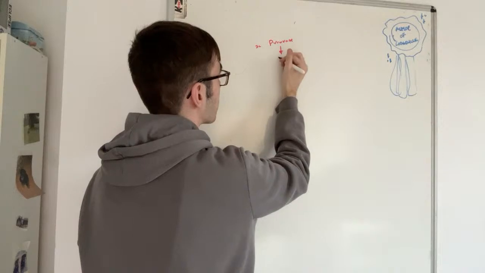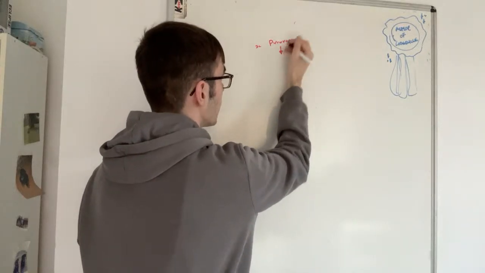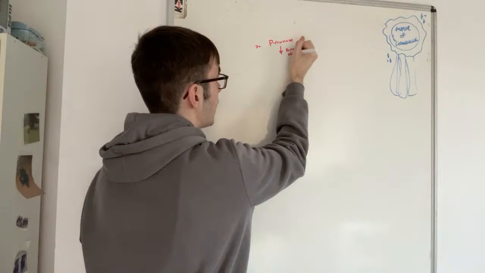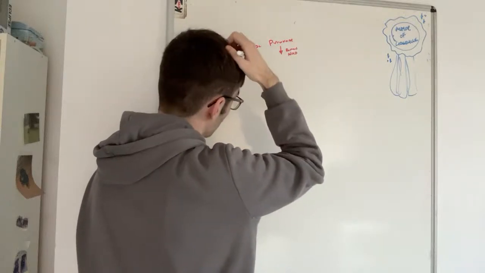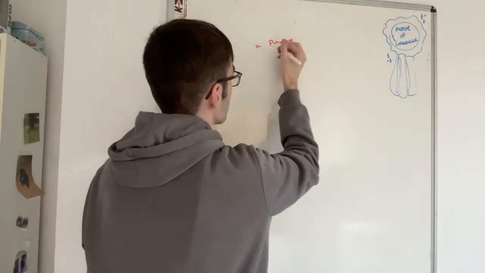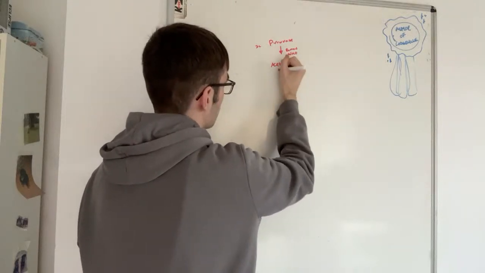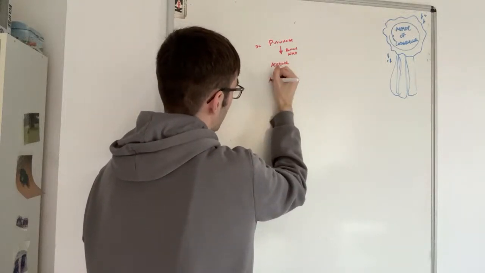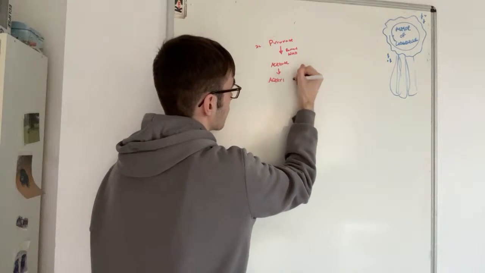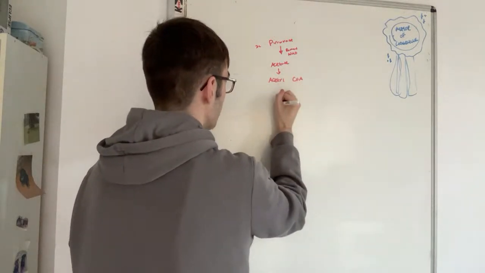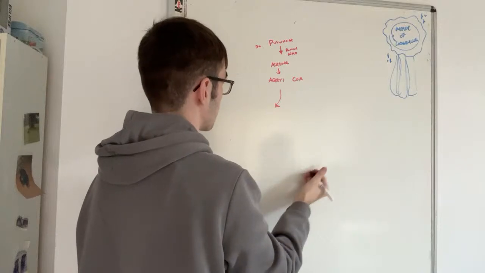Pyruvate, a 3-carbon compound, is reduced via NAD into acetate, which combines with an enzyme to become acetyl coenzyme A. From there, it then enters the Krebs cycle.